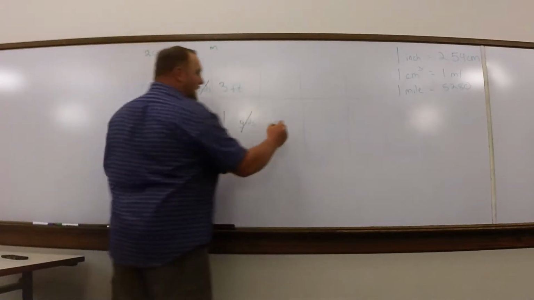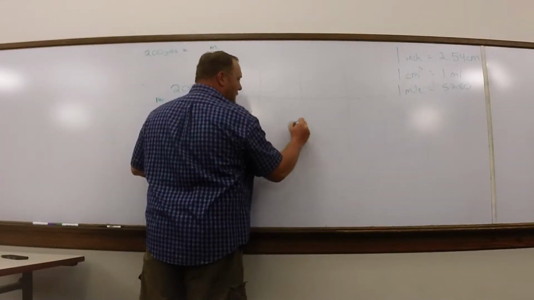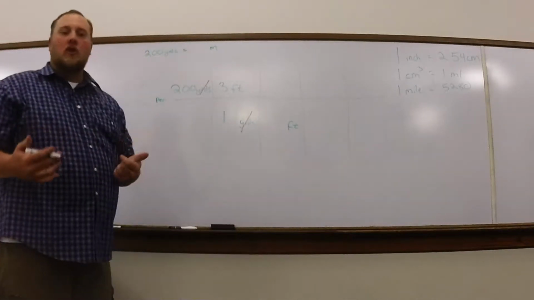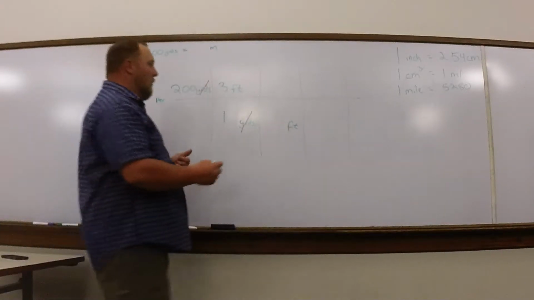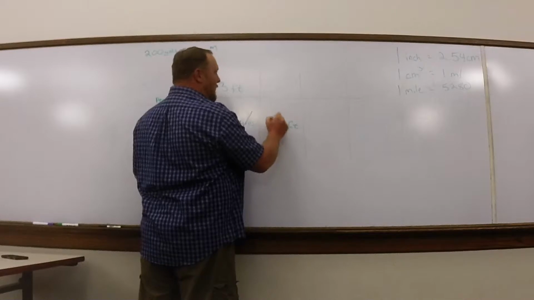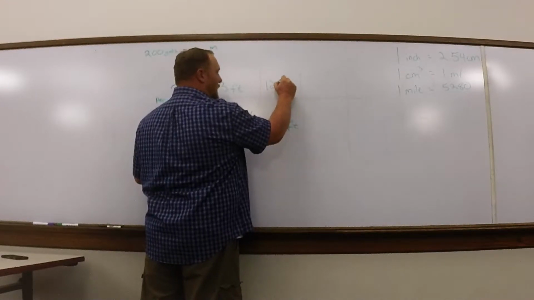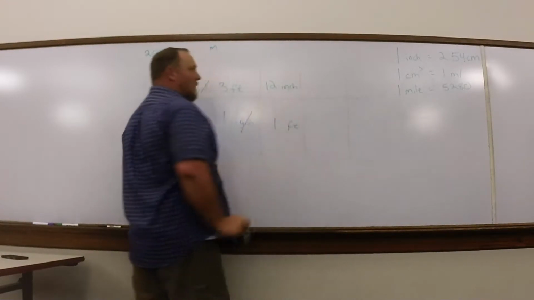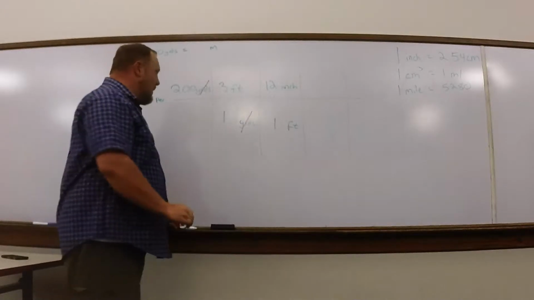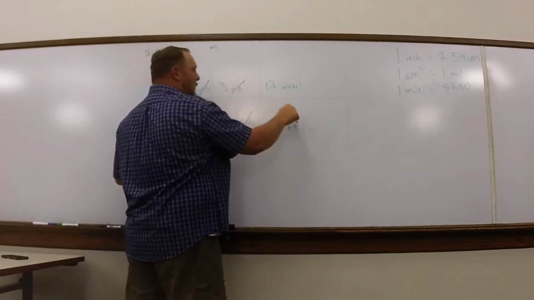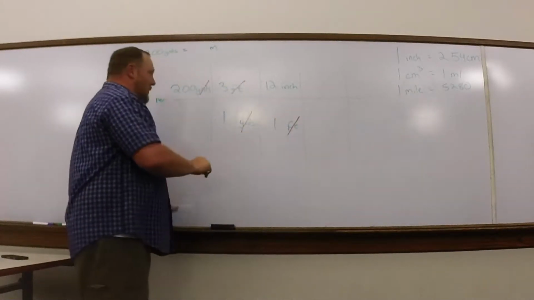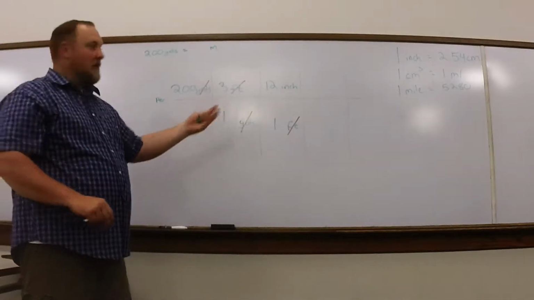3 feet. Well, we know we need to put feet on the bottom, and we need a known unit of conversion. Well, I know that for every 1 foot, there are 12 inches. Right? Great, that's a known measurement. We can cancel out our feet over there. We're now at inches.